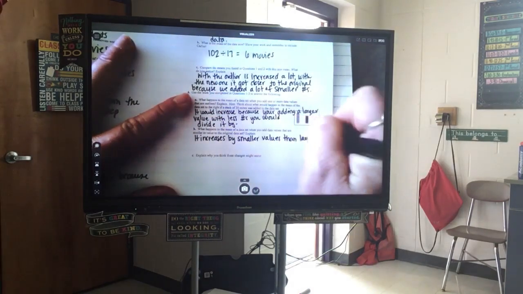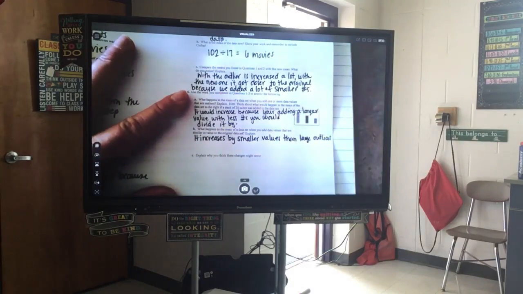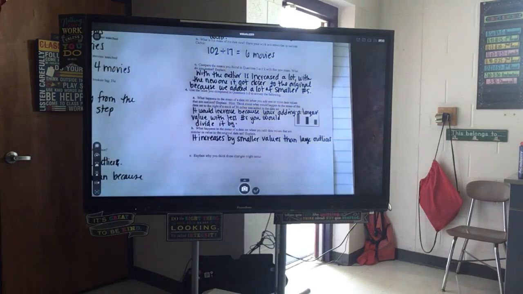But whenever we added the values that were in the data set, it just increased by 2, so it was smaller. So it increases by smaller values than large outliers.